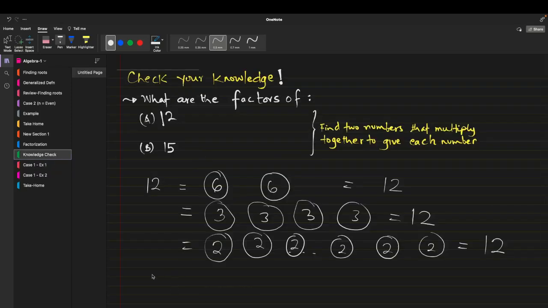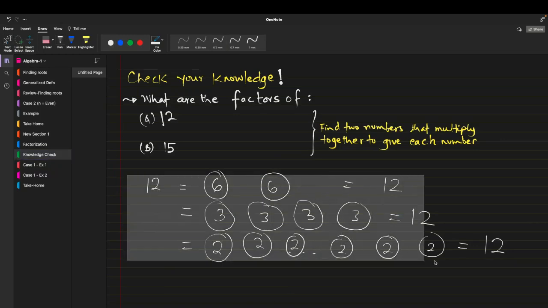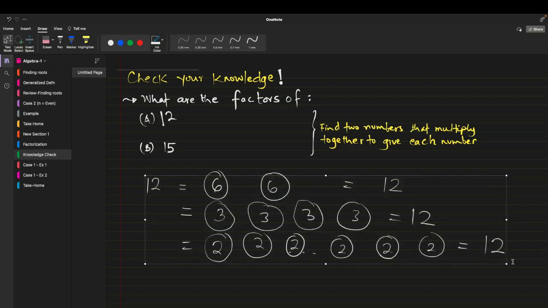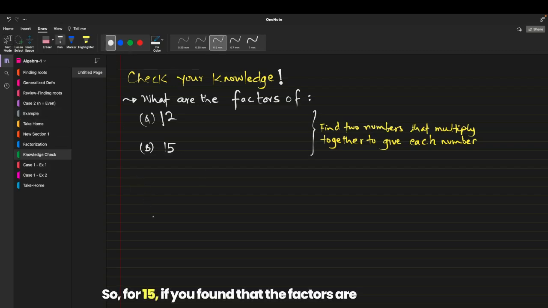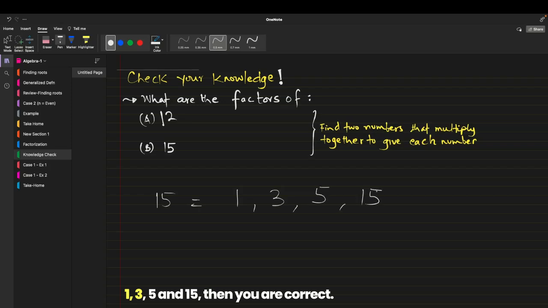So for 15, if you found that the factors are 1, 3, 5, and 15, then you are correct. What that simply means is you can decide to think about 15 as a product of 1 and 15.